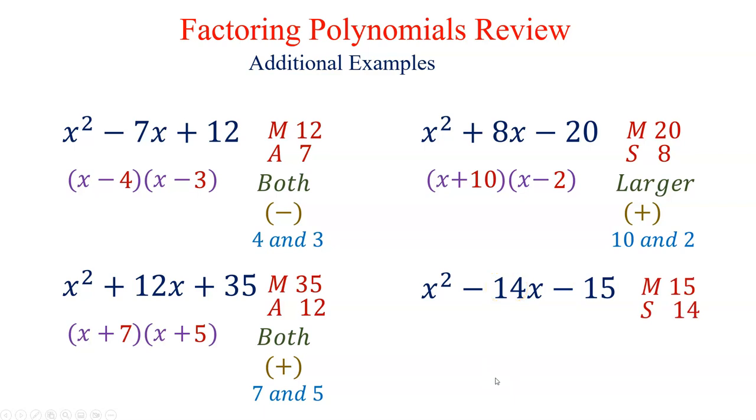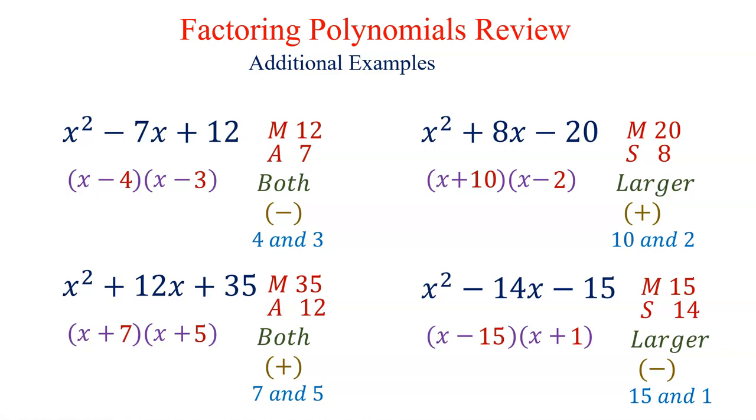Because I said S, L, larger. So the larger will be negative. I can set up my answer, larger being negative. I'm putting that one first. The two numbers that multiply to get 15 and subtract to get 14 happen to be 15 and 1. Write my 15 first as a recommendation and the 1 second. So hopefully using this M statement will assist in factoring polynomials.